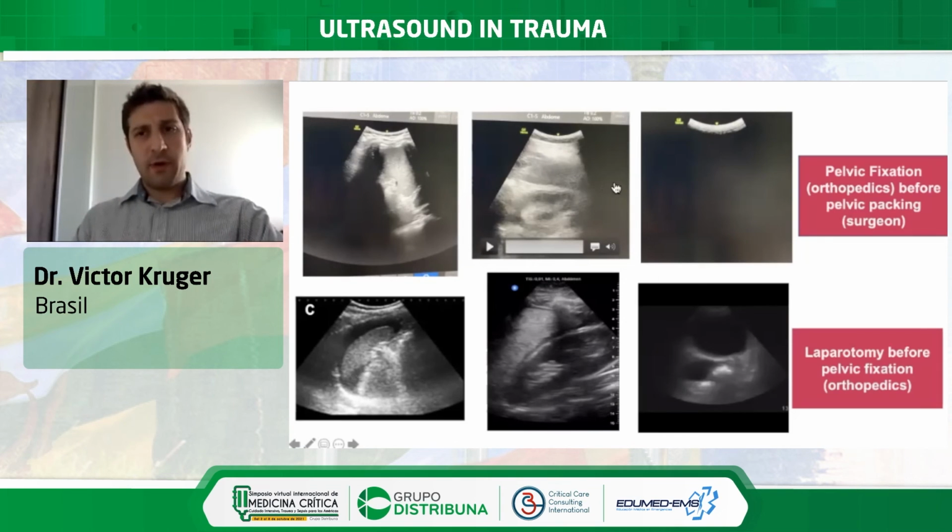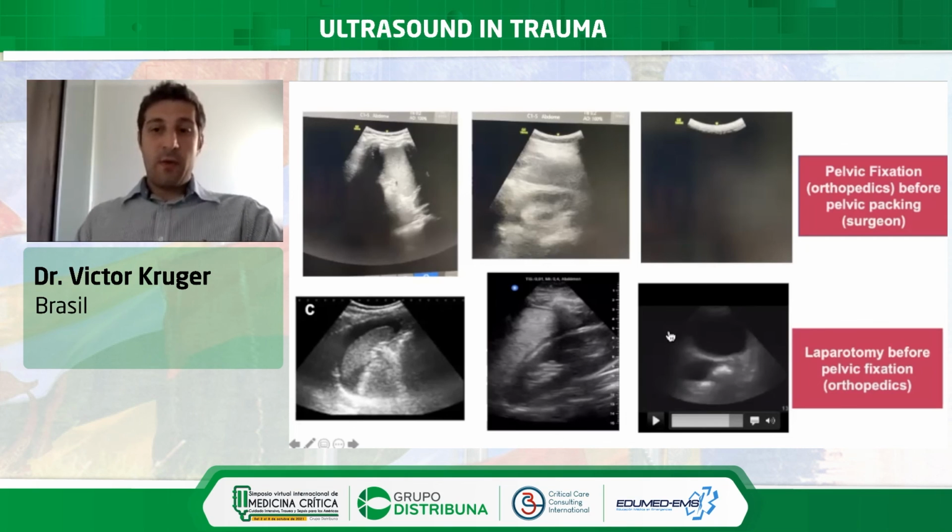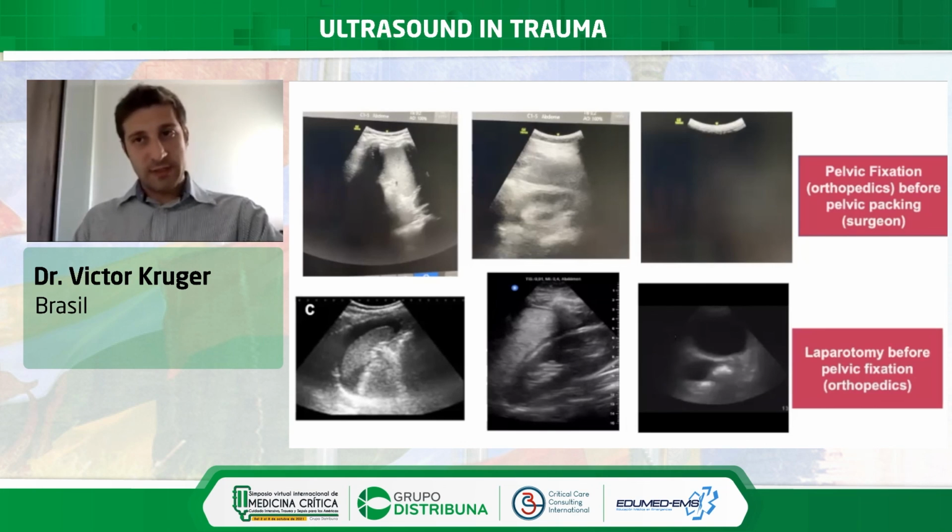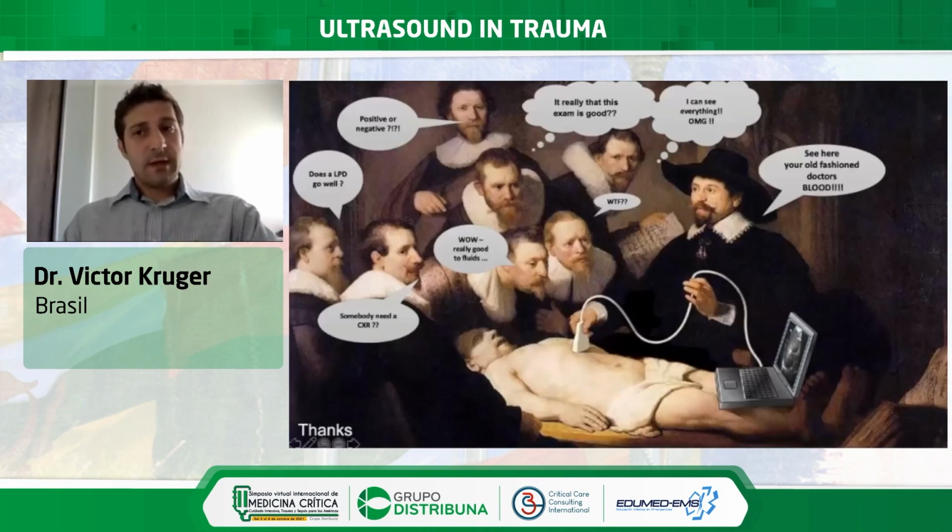No free abdominal fluid, start with the pelvic. With free fluid at the abdomen, start with the laparotomy. And we can conclude FAST is an important tool for decision-making for the trauma surgeon in the primary survey in the trauma bay for trauma patients with unstable hemodynamics or stable hemodynamics. Thank you.